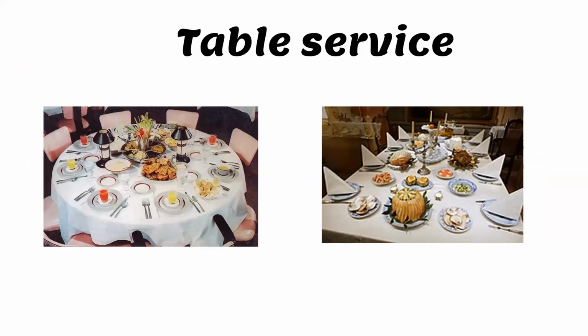After that, the waiter will get the order from the customer and serve the order on the table. That is the usual thing that would happen in a restaurant. So table service is where food and beverages are served on the table.